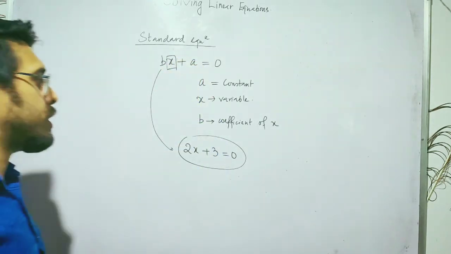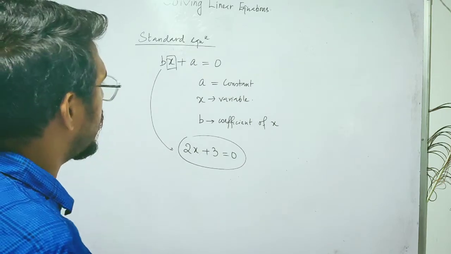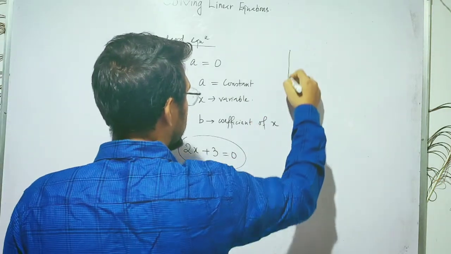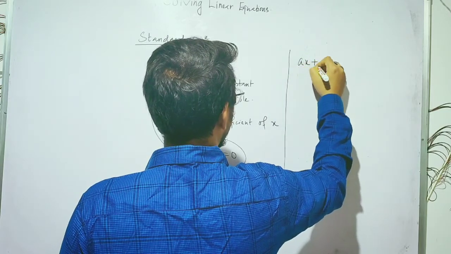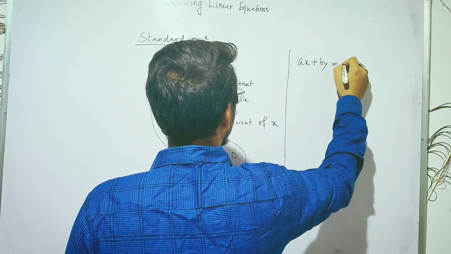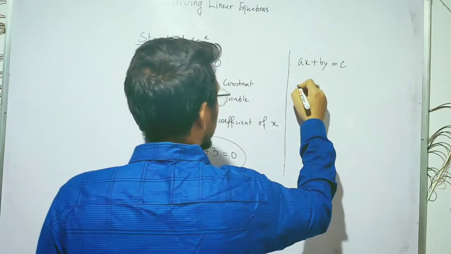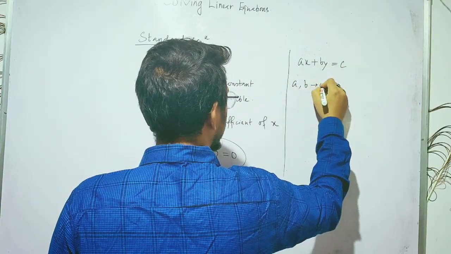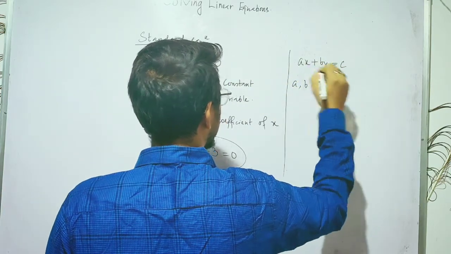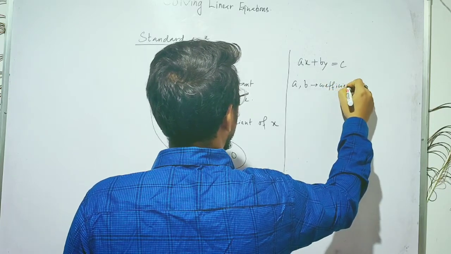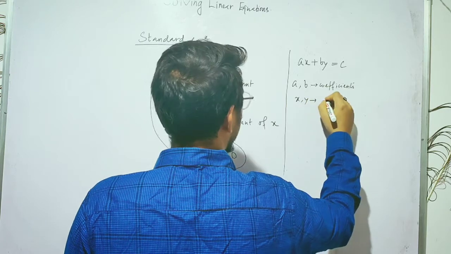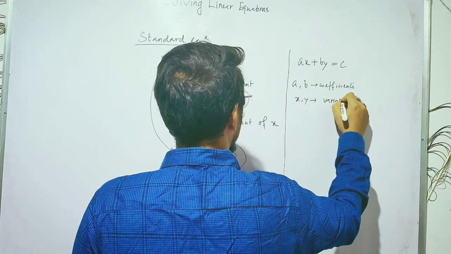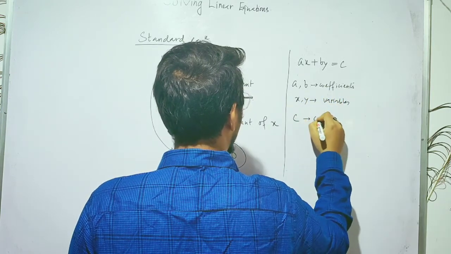Now suppose if we try to get a linear equation in two variables, then what can be the standard equation? It is given as ax plus by equal to c. What is a, b? a, b are coefficients, as you can see clearly. Okay, x and y, these are the variables, and c is a constant term.